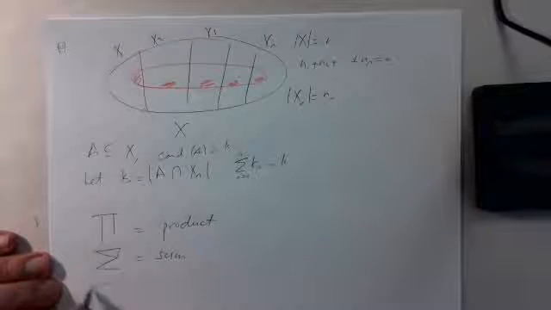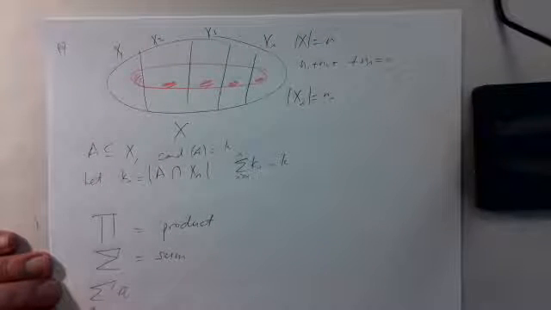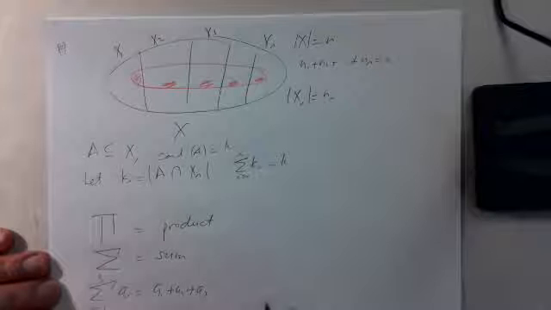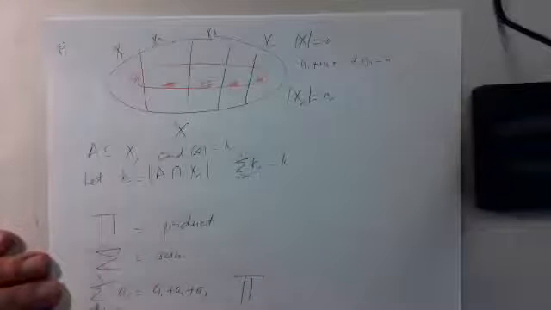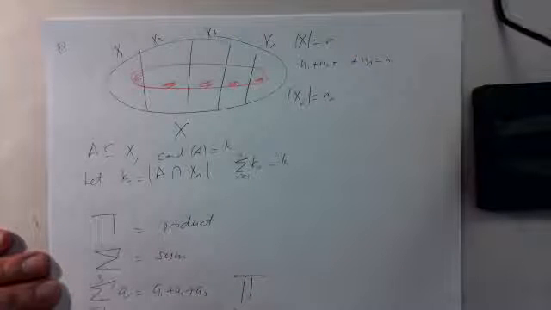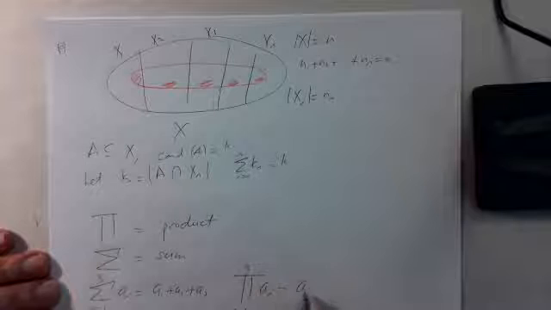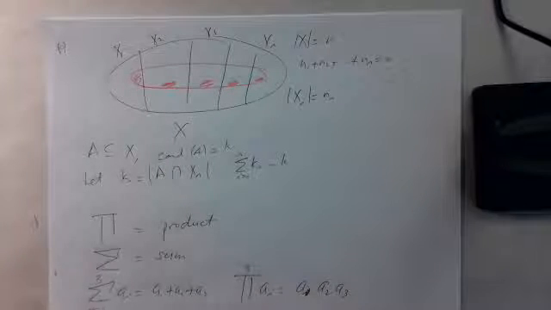So if you write summation of a sub i, i goes from 1 to 3, that means you sum a1 plus a2 plus a3. If you write this, this is a Greek letter sigma, this is a Greek letter pi, i goes from 1 to 3 of a sub i, this means the product a1 times a2 times a3. So that's product notation.